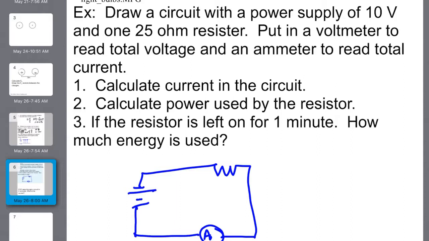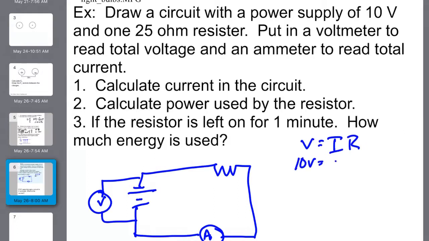And then we'll have a voltmeter that can go around our power supply. Then we have to find the current in the circuit. So we'll use V equals IR, 10 volts, and 25 ohm resistor. I is 0.4 amps.